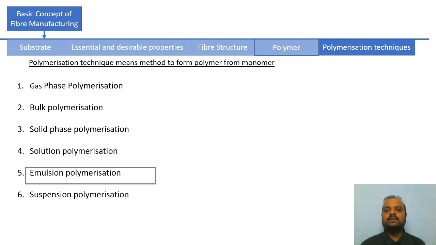Once polymer is created, that can be further extruded and forms a fiber. The fibers, for example, PAN, that is polyacrylonitrile, and PVC, that is polyvinyl chloride, are produced using this method.